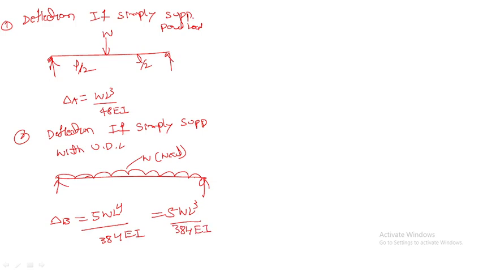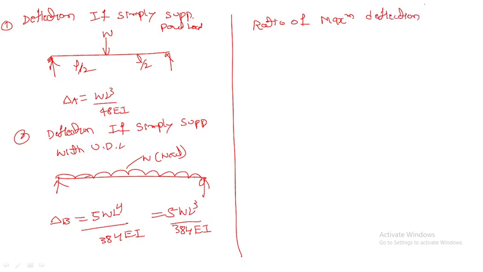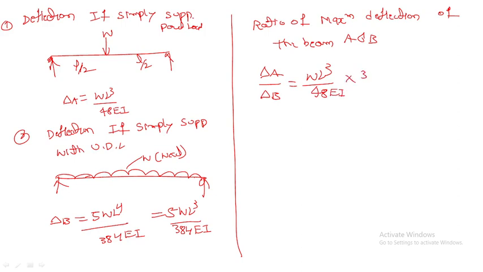Now what has to be done? We have to make the ratio of maximum deflection of beam A and B, that is delta A by delta B. Then the answer will be WL cube divided by 48 EI, into 384 EI divided by 5WL cube.